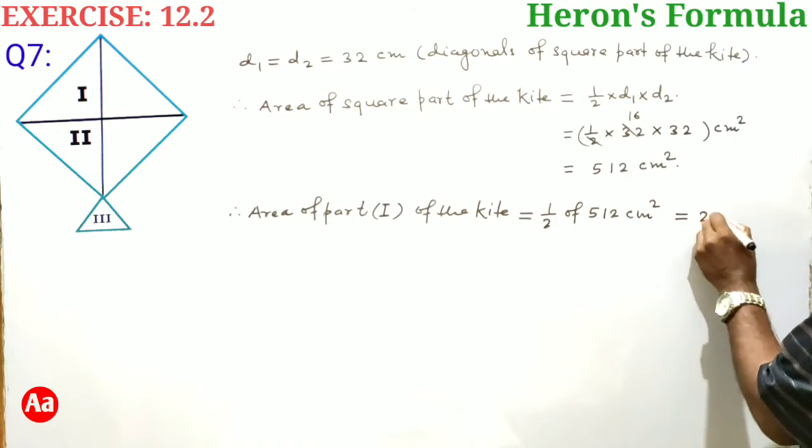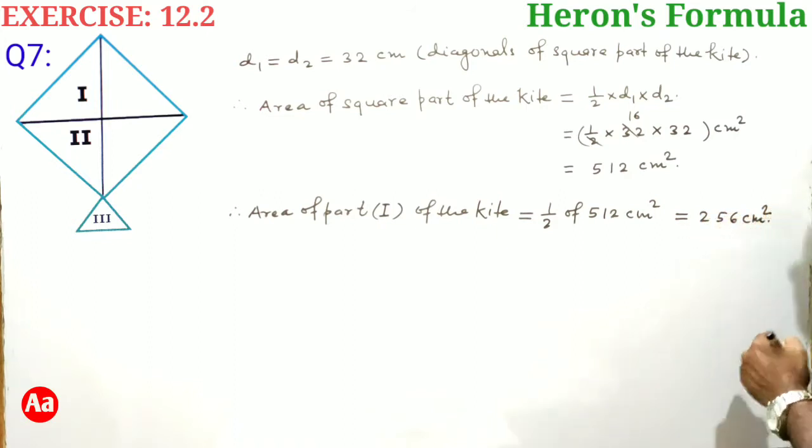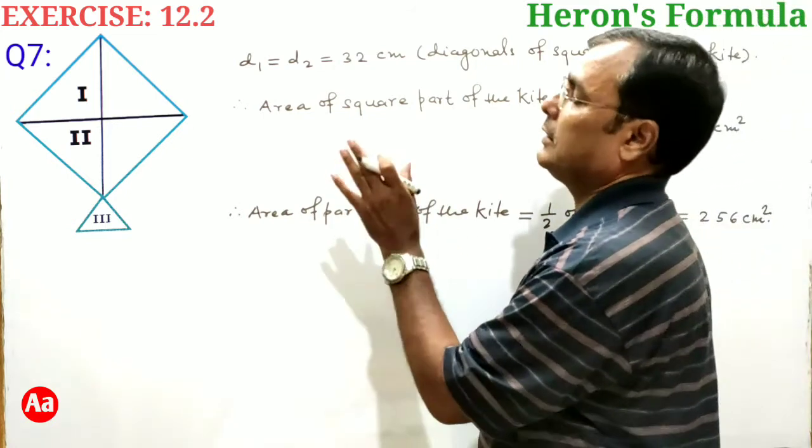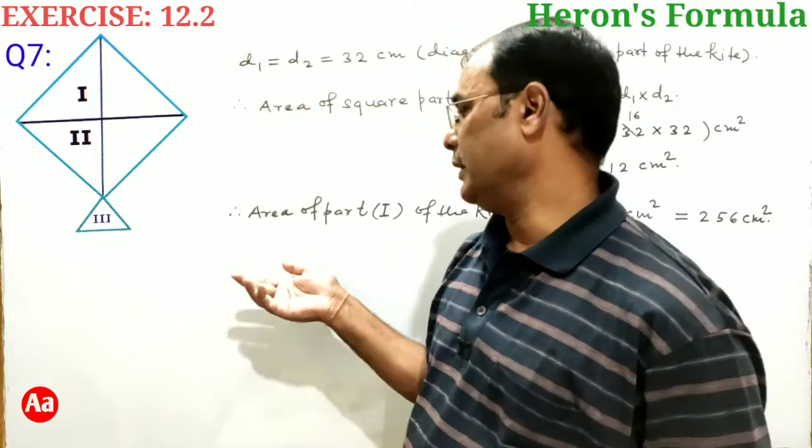This is equal to 256 centimeter square, and this is the area of the first part of the kite in one color.